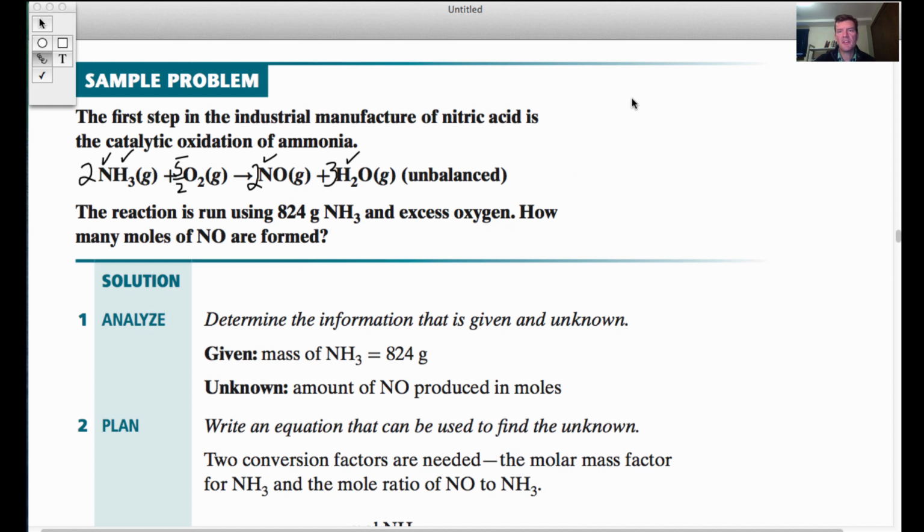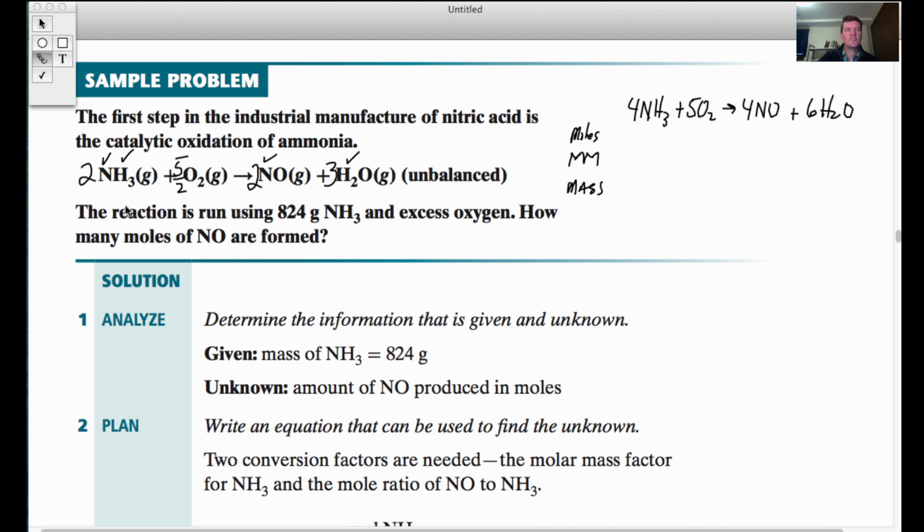So it's 4 NH3 plus 5 O2. It's going to produce 4 NO and 6 H2O. So I'm going to have moles, molar mass, and mass. Okay?